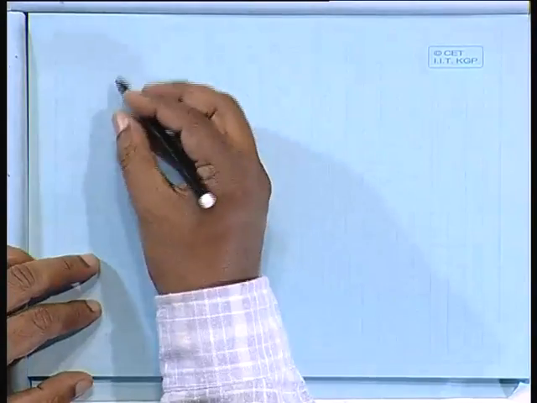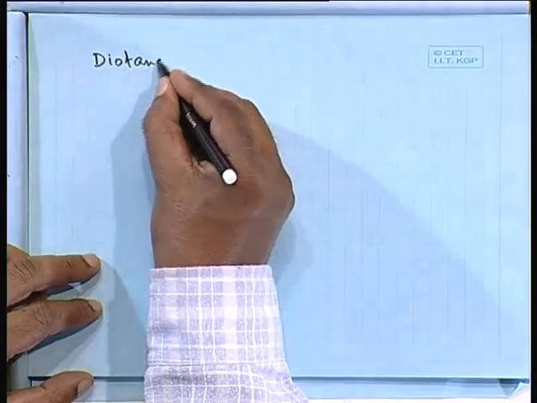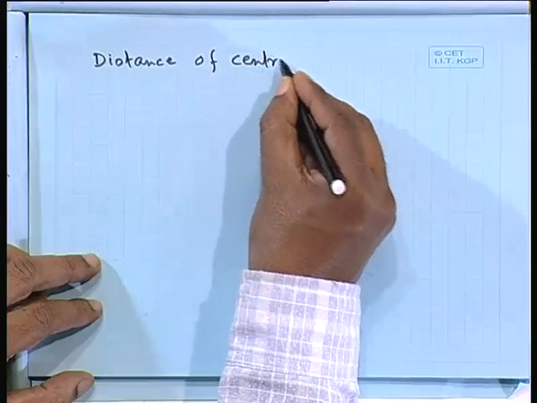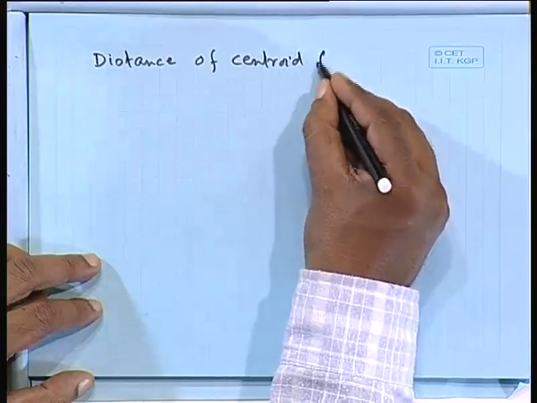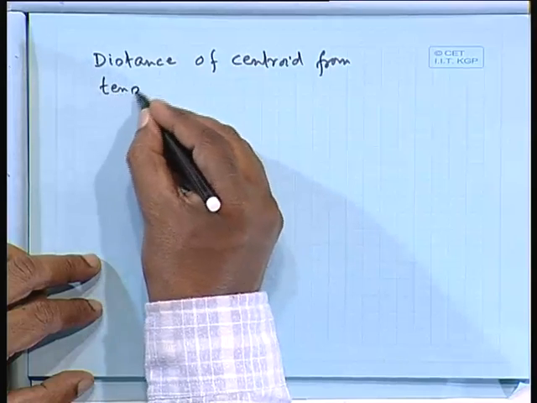Now, the other part: distance of centroid from tension fiber.